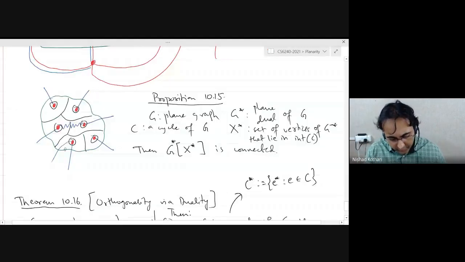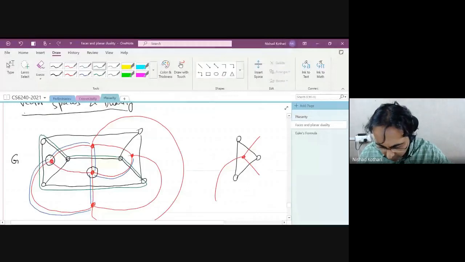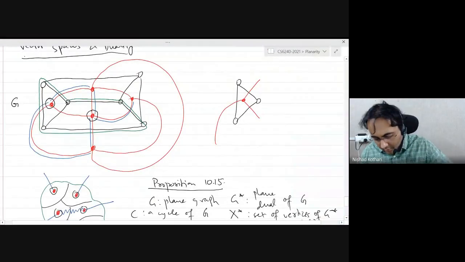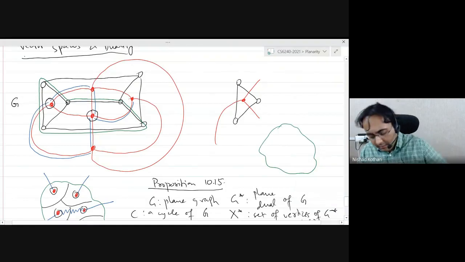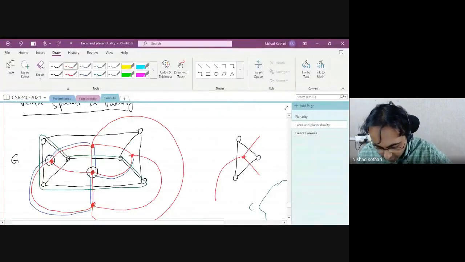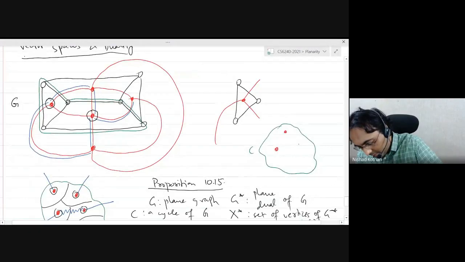Let me make a different drawing, repeating the same one as before. You've got this cycle in the plane graph G, and you're looking at all the vertices of the dual that are inside it. This is your set X star.